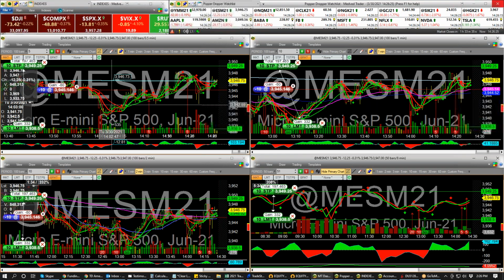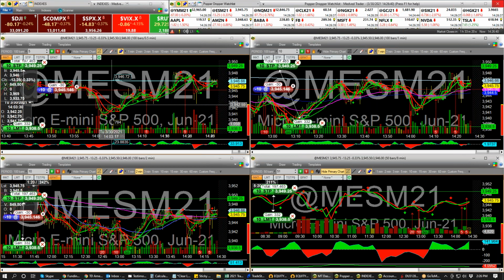So there's a couple ways you can trade SPY. He says, so is it more of a way to scalp versus swing longer term? Yeah, you don't want to. Well, what happens is if you're trading S&P more than intraday, you do have higher margin requirements overnight.